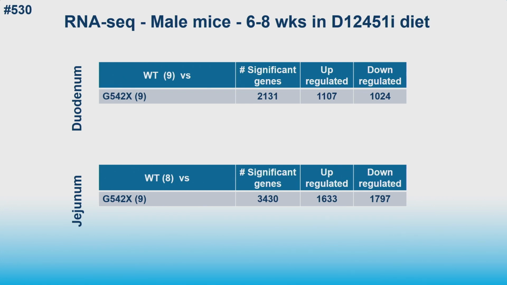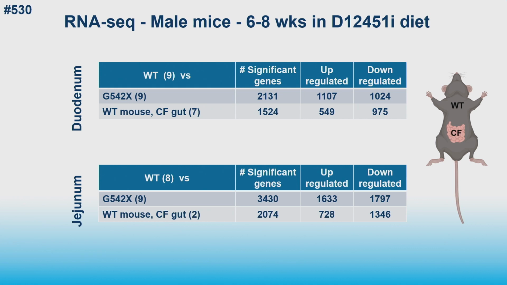we created yet one more model, a mouse that is a wild type, but in which CFTR has been disrupted just in the intestinal epithelia. And this mouse, you can see, also has thousands of genes differentially expressed in comparison with the wild type.